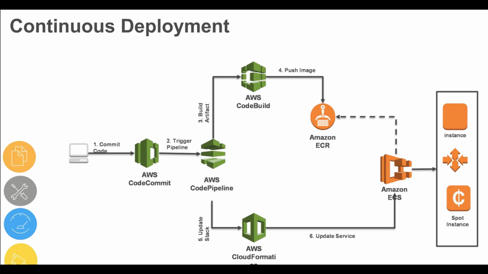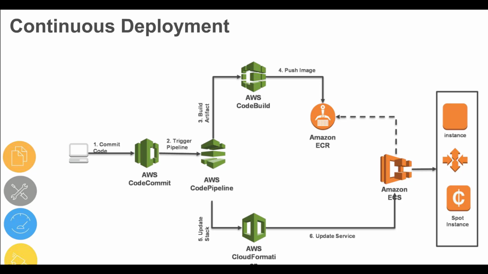Now, when a new service becomes available or a new image is getting pushed, all we need to do is update the particular stack, which is in this case ECS, and not redo the complete set of stacks. When I do the update stack, it picks up the changes that happened on the stack.